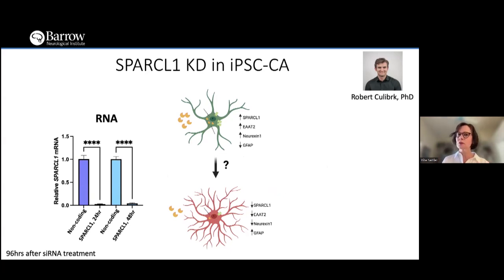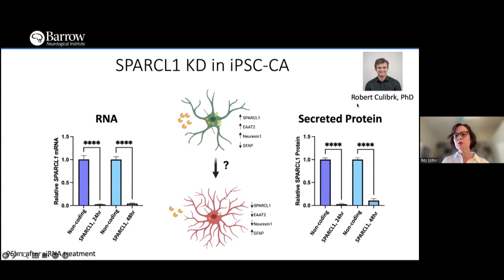When we knock down SPARKLE1, we do see less of SPARKLE1 in the supernatants, which is really important because it's a secreted protein. So these are ELISA assays that we ran. We now switched over to ELISAs. They are much more sensitive and give us a much better quantitative readout.